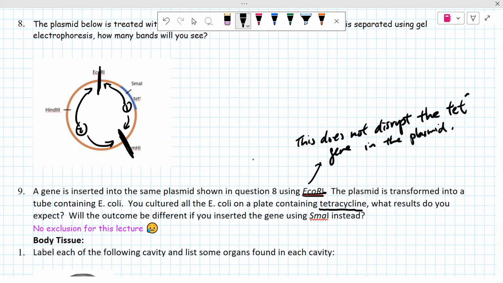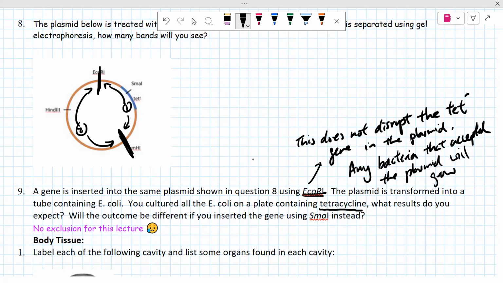So any bacteria that accepted the plasmid will grow in the presence of tetracycline, right?